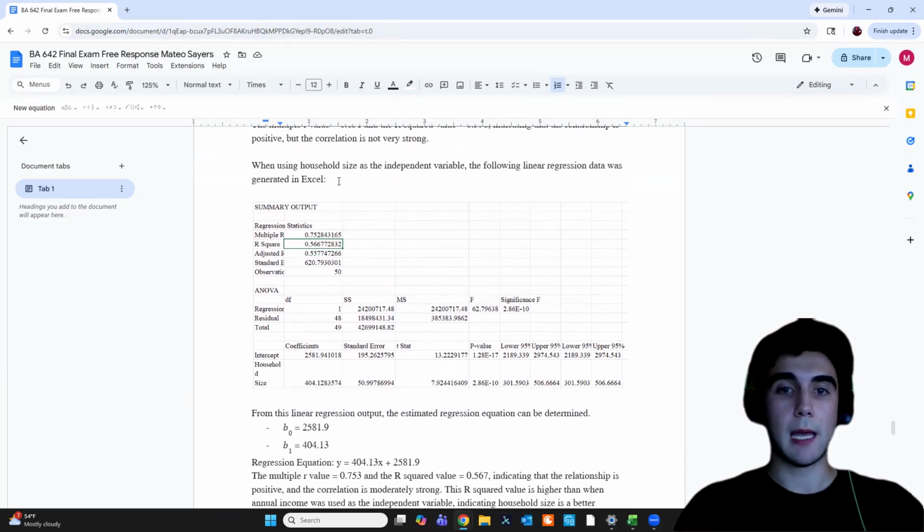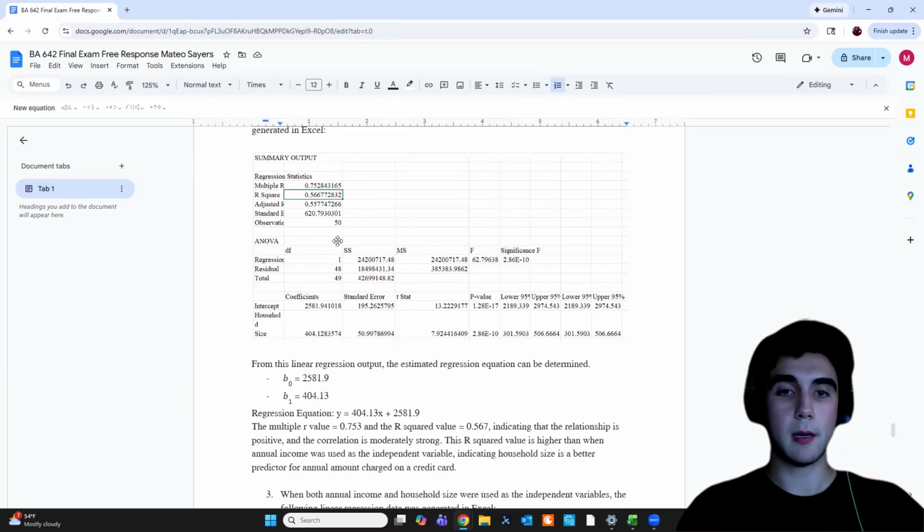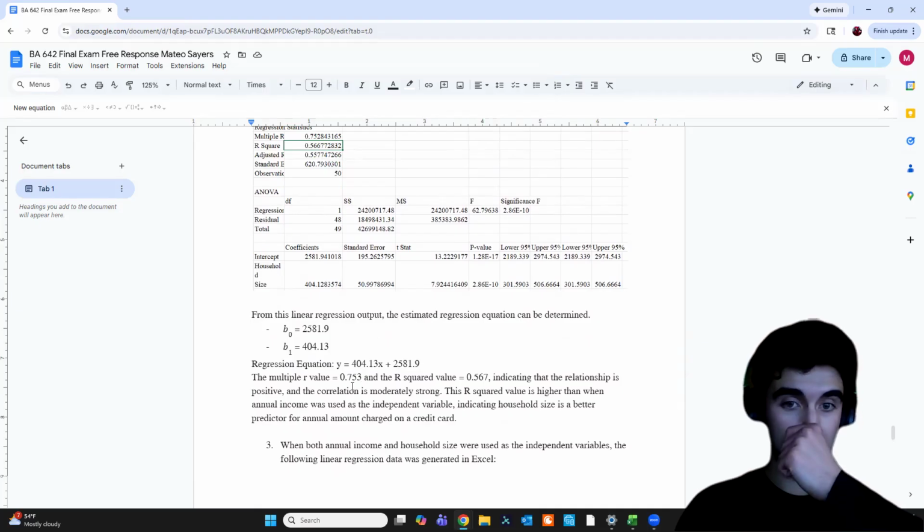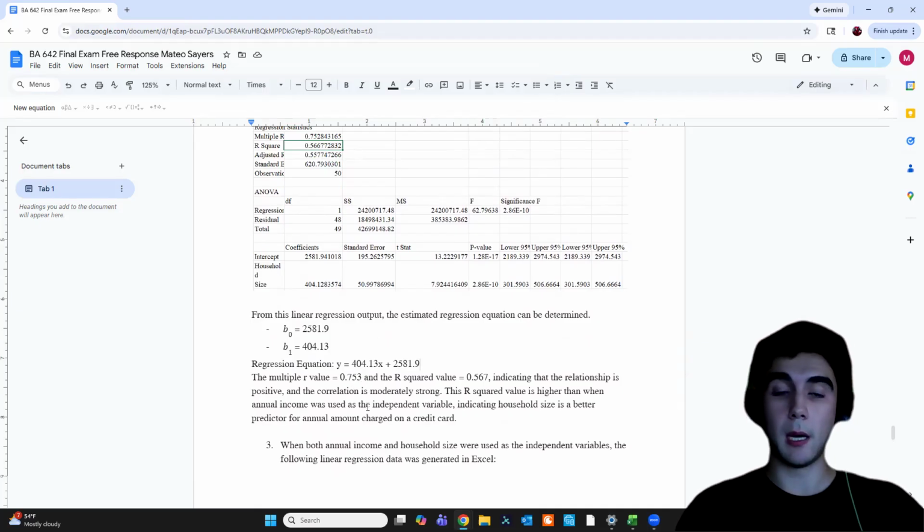However, moving on, when using the household size as the independent variable, the following linear regression data was generated in Excel. And from this one, the regression equation is this. This time the multiple R value was 0.753, which indicates a positive relationship.